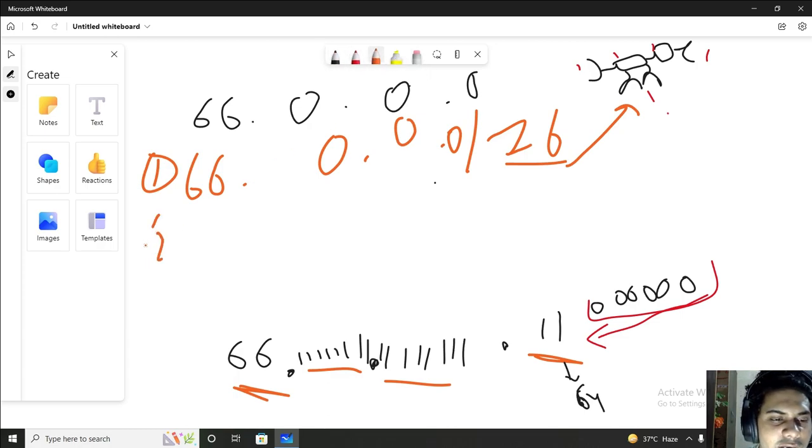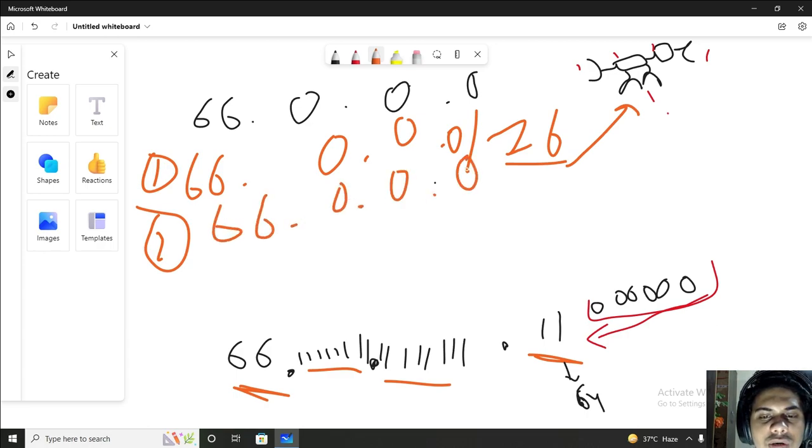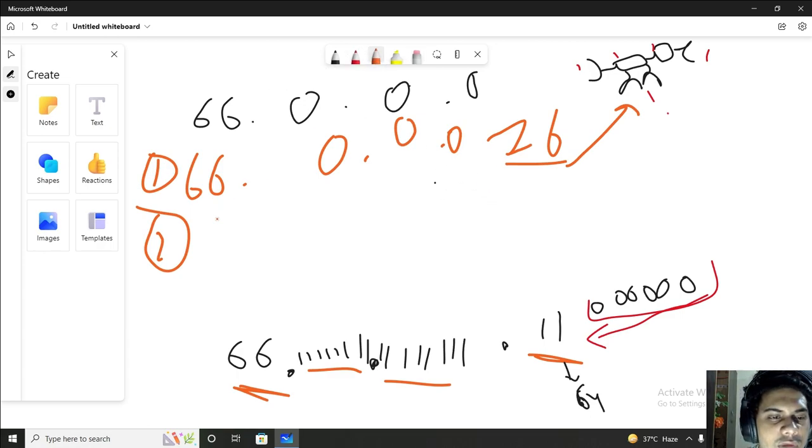Now it's time for the second. So how can you give to the second? I have to write again, 66.0.0. Now you have to see the first value from here when you are going from right to left.